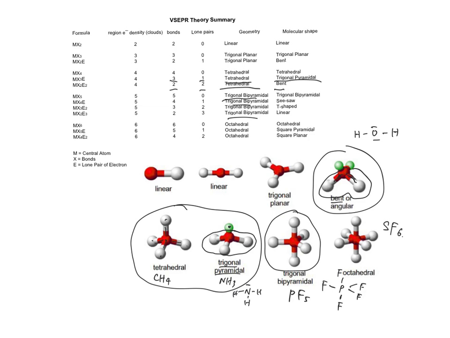When you have 6 electron clouds surrounding the central atom, each would extend out and give you all 90-degree angles: top, bottom, left, right, in, out. This is what we call an octahedral geometry, as stated in here.